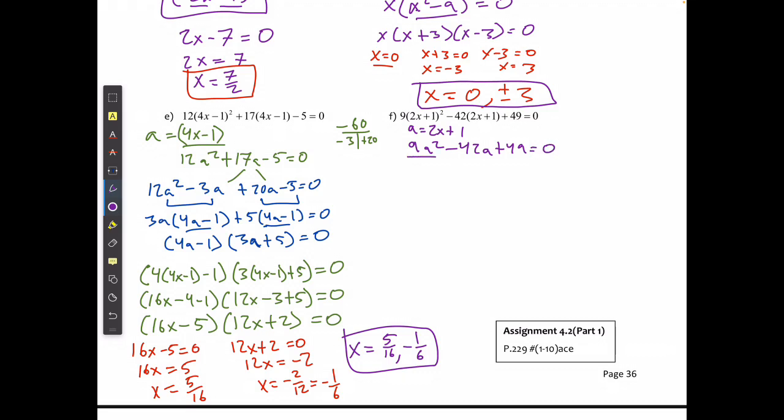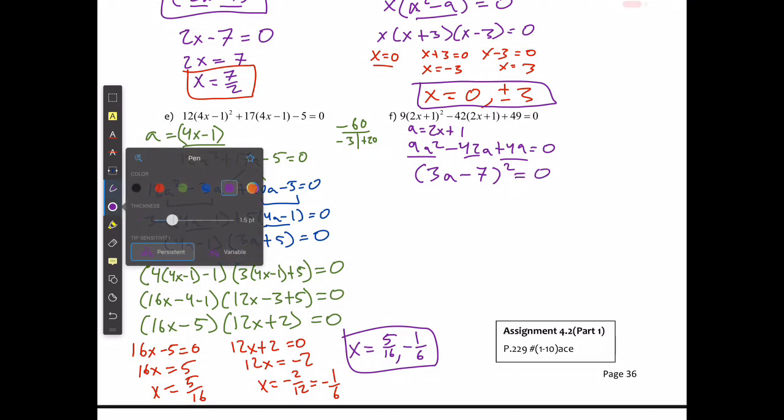I know that this is a perfect square and this is a perfect square, so if I take the square root of 9, I get 3. The square root of 49, I get 7. And 3 times 7 times 2 does give me 42. I can just factor this using my perfect square trinomial method. 3a minus 7 squared is equal to 0.